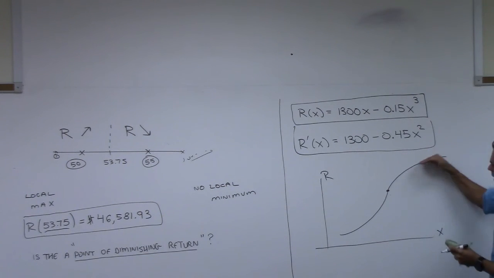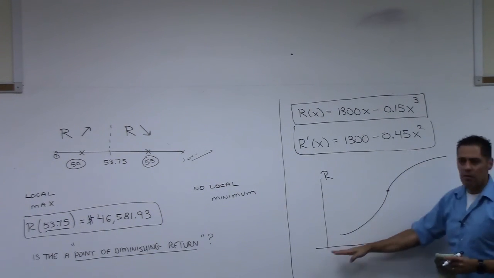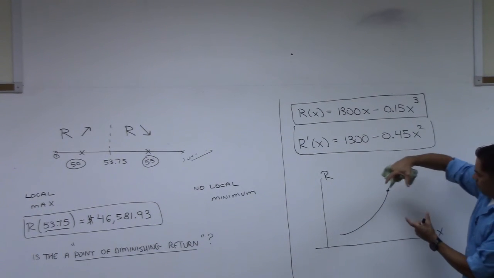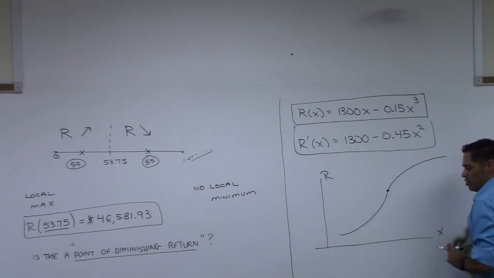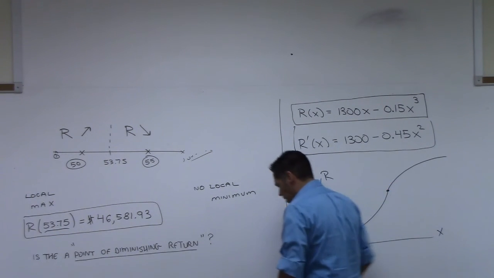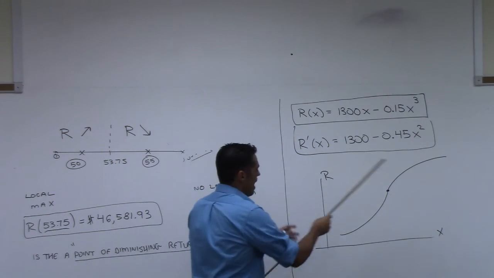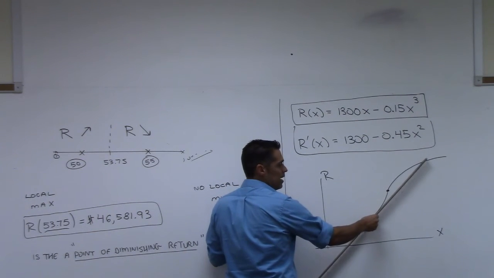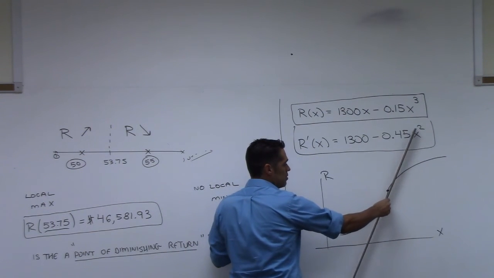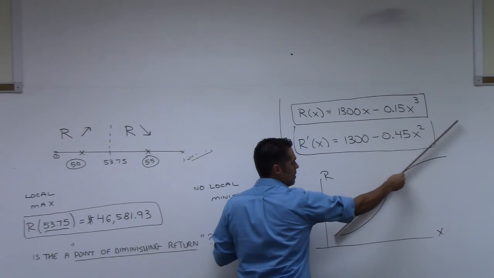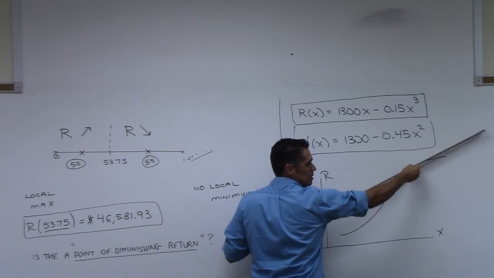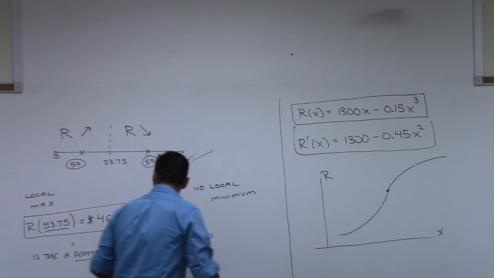It's where the smile and the frown come together. That's the point of diminishing return, because you have a positive change in revenue, it's going up, but once you get to this point, I'm still going up, but the slope of the line is not as much, right? So that is the point of diminishing return.